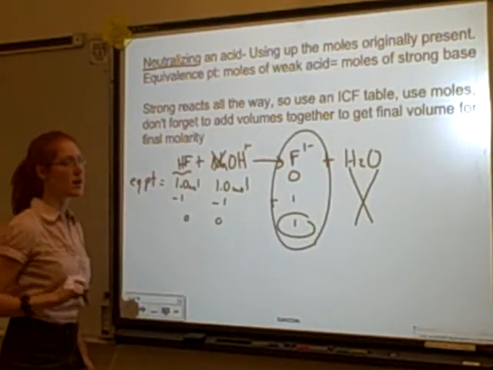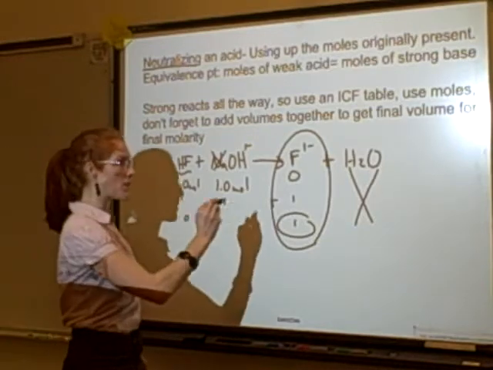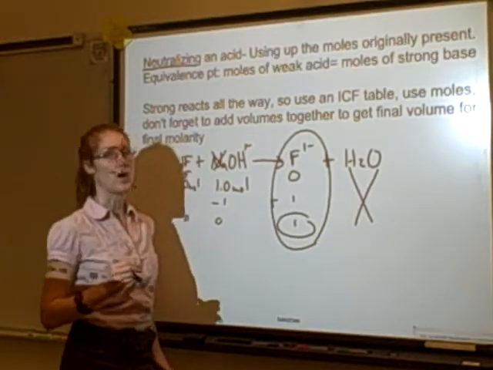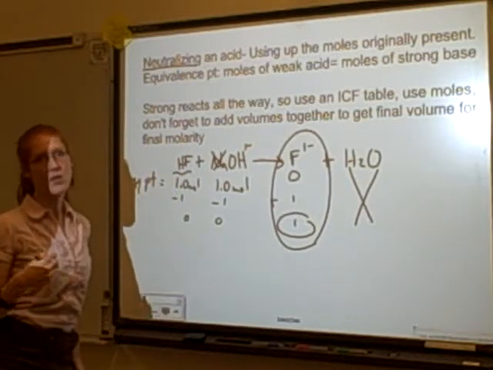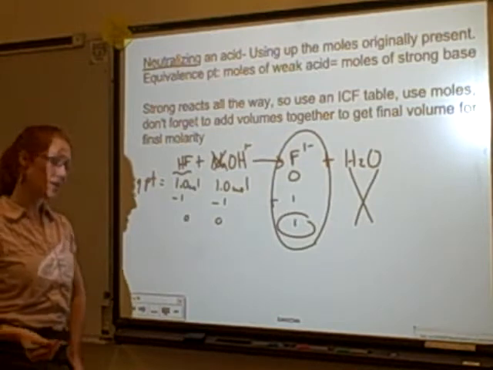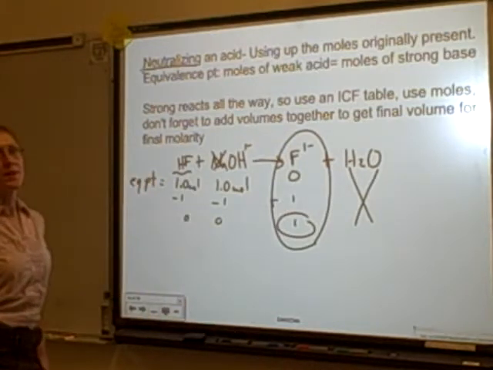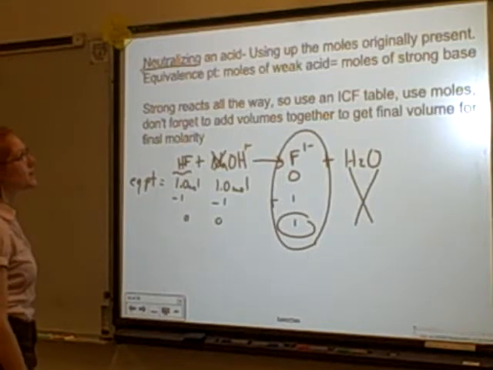So all I have is a weak base. To find the pH, I take the weak base, I put it in water, and I do some equilibrium. I use my Kb because it's a base, find out how much hydroxide is produced, and then I can find the pOH and then the pH from that.